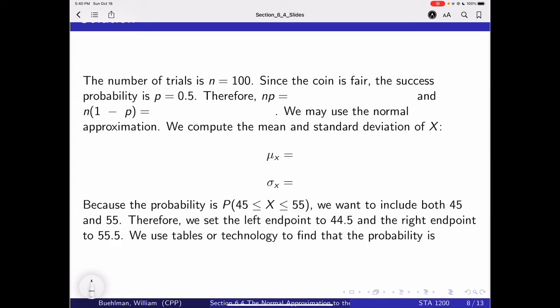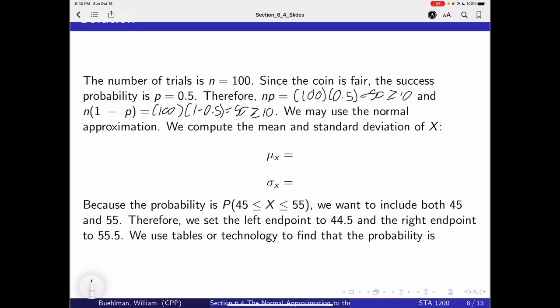Therefore, n times p is equal to 100 times 0.5, which is equal to 50, which is greater than or equal to 10. And n times 1 minus p is equal to 100 times 1 minus 0.5, which is equal to 50, which is greater than or equal to 10. We may use the normal approximation since both are satisfied.